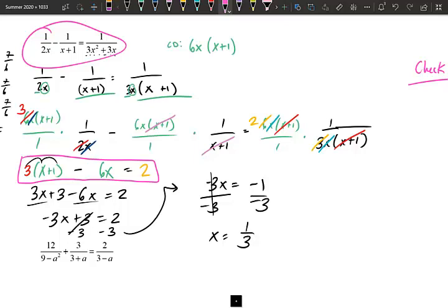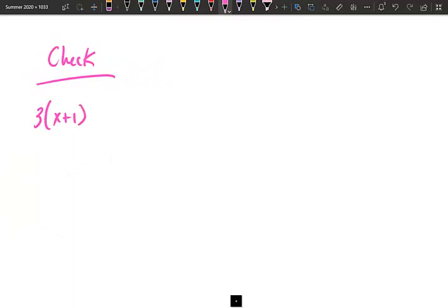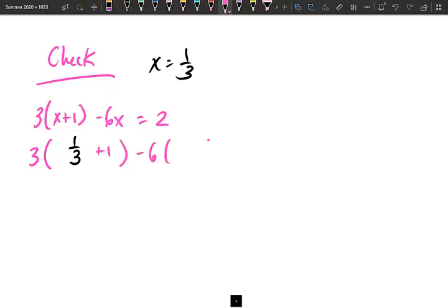So we are going to plug it in to the first one when we got rid of the fractions. So once you get rid of the fractions, you can actually check with that equation. So the equation itself, I'm going to rewrite it. It's 3 times x plus 1 minus 6x equals 2. And remember, x is possibly 1/3, so let's plug it in. So 3 times x, which is 1/3, plus 1, minus 6 times x, which is 1/3, equals 2.